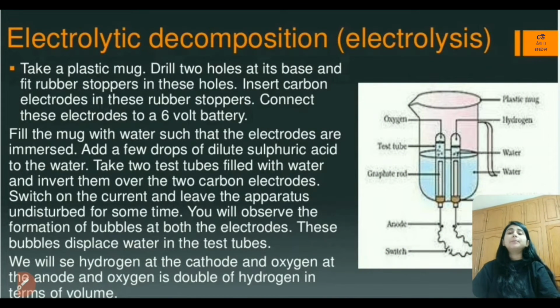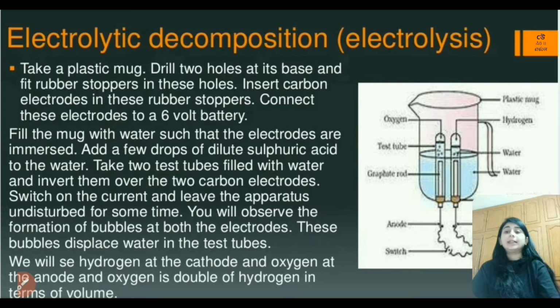Then the next type of decomposition reaction is electrolytic decomposition, which is also known as electrolysis. As the name says, electrolytic, that means here in order to break a compound we will be using electricity. So the statement says, take a plastic mug as shown in the picture, drill 2 holes at its base and fit rubber stoppers in these holes.